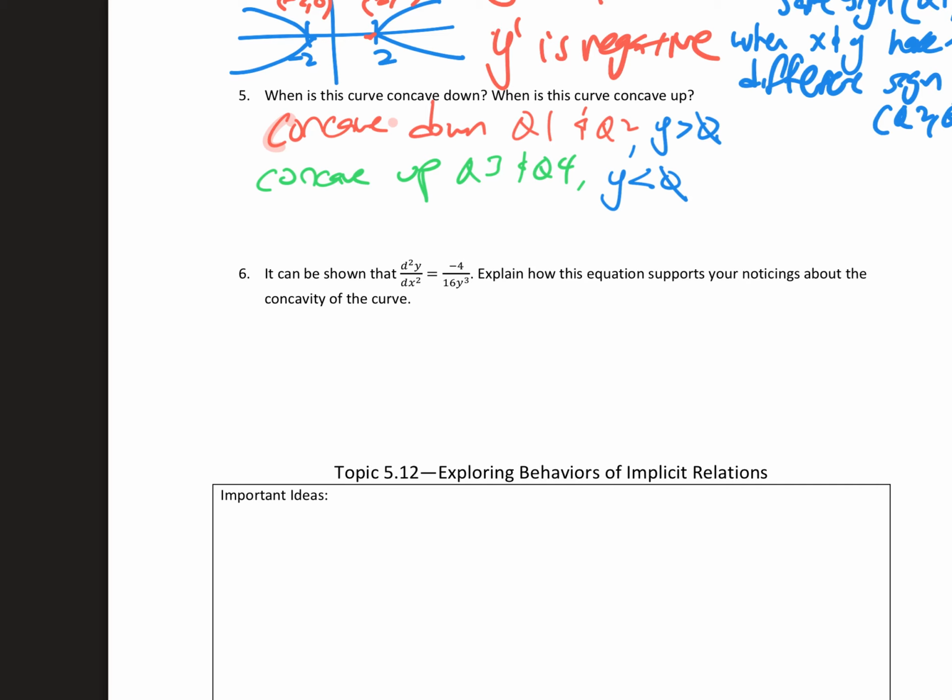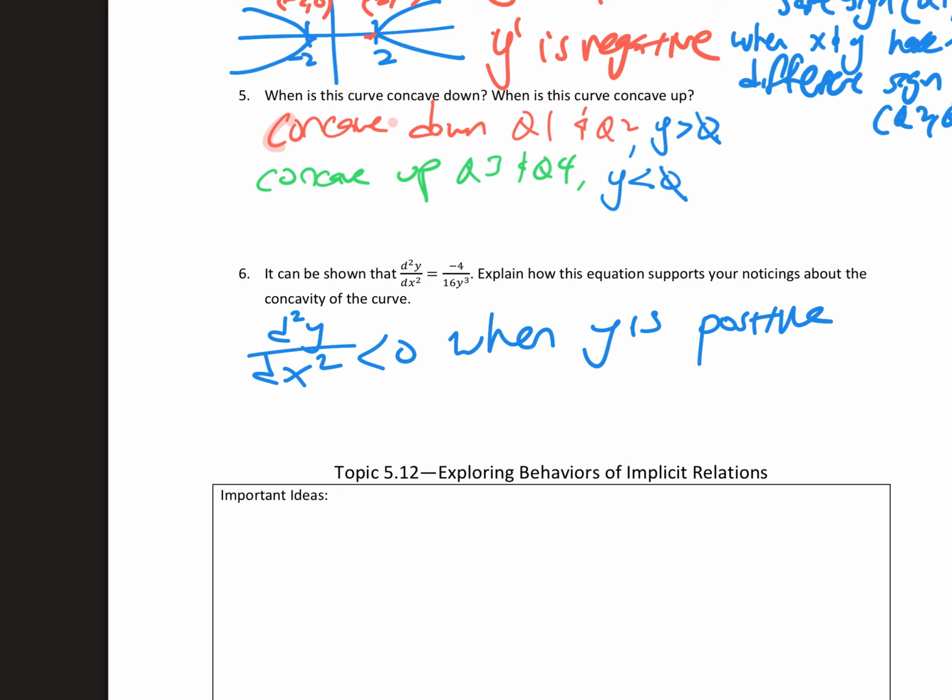So let's write that down: d squared y dx squared is less than 0 when y is positive. And that's my Q1 and Q2.